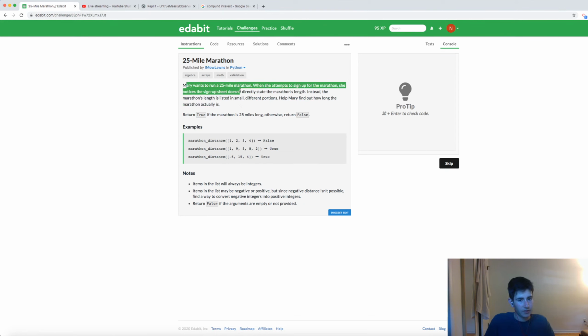For i in d, x equals i plus, or actually, for i in d, so what we need to do is, for every number, we need to add the subsequent numbers. Like for every number in the list, we need to add the subsequent numbers within that list.